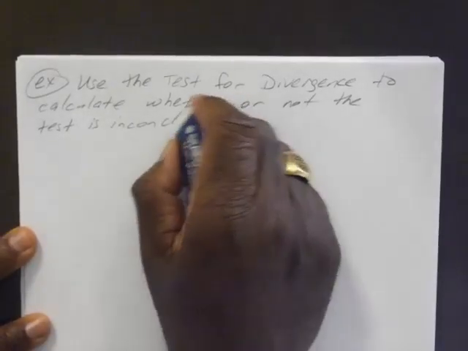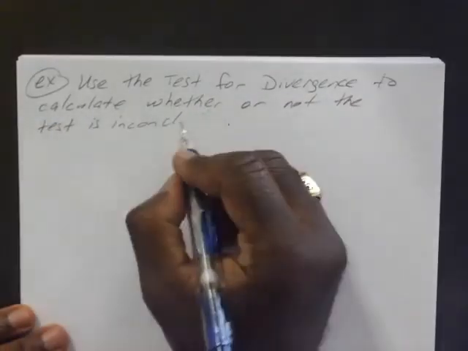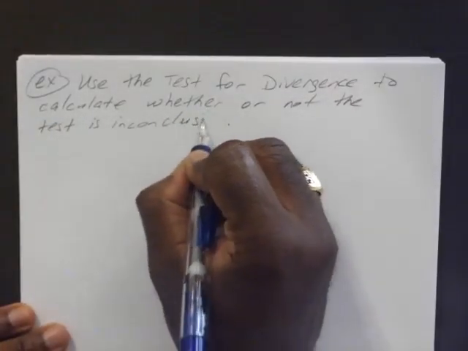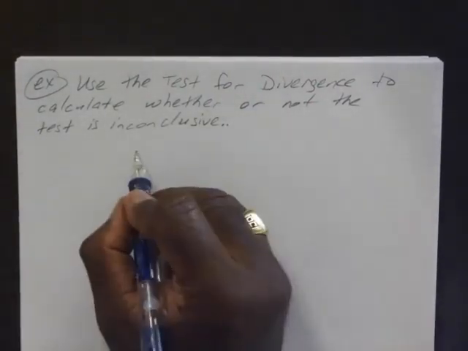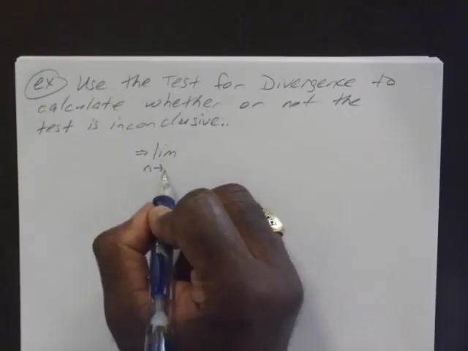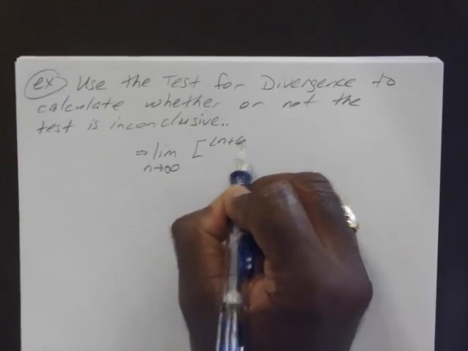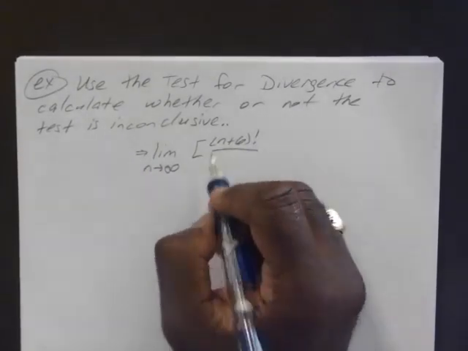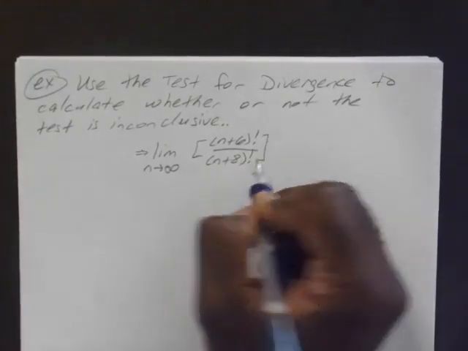So what if we have the limit as n approaches infinity of n plus 6 factorial divided by n plus 8 factorial.